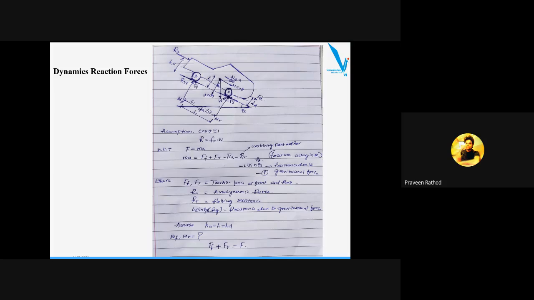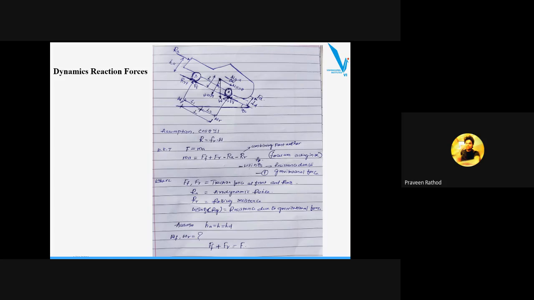FF is the traction force at the front tire, and FR is the traction force at the rear tire. Traction force depends on the type of vehicle, whether it is front wheel drive or rear wheel drive. Either can act, FF or FR. That is the traction force.